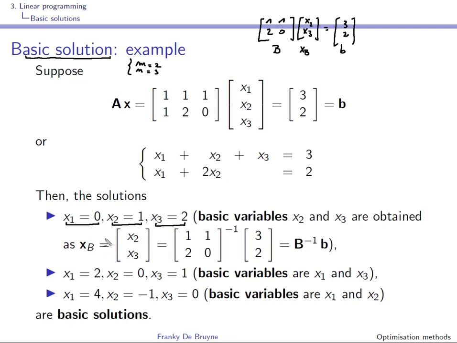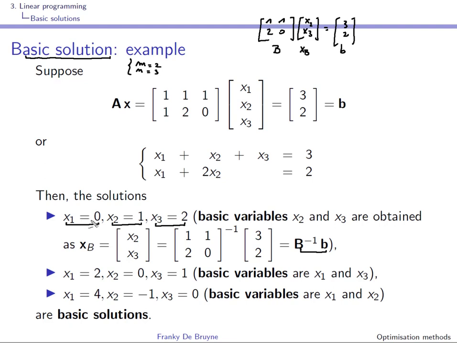So you can write this basic solution and find the solution by also writing it like this, right? So this is one basic solution, and as you can see, you have n minus m components of x that are 0.